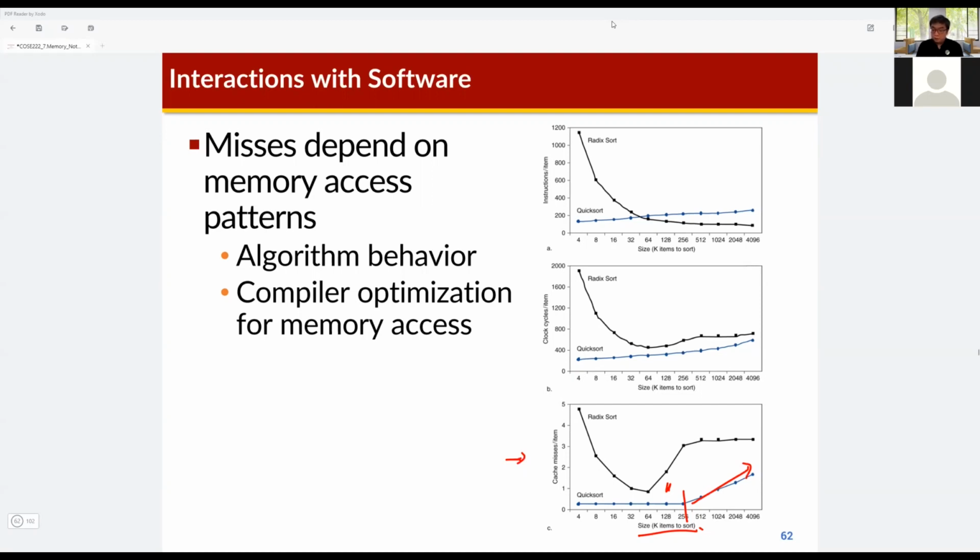How about the radix sort? It's reduced when the number of items increases, but then it's nearly the same. So the cache miss rate, the cache misses, are also influenced by the characteristics of the application.